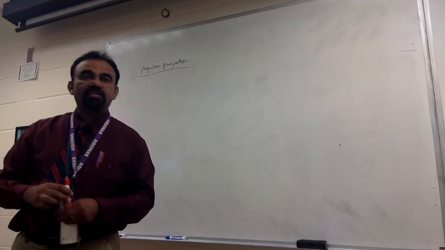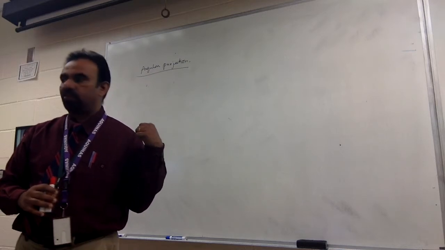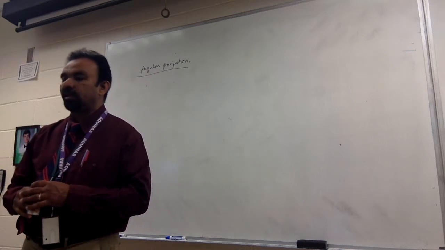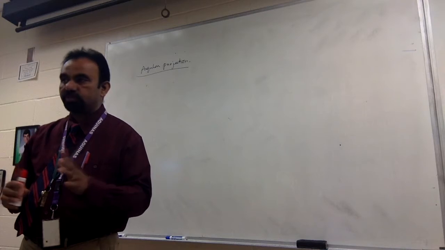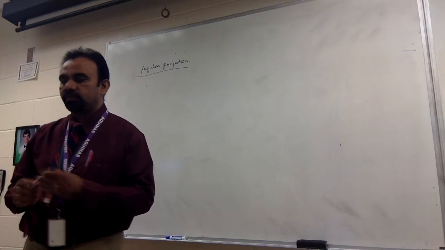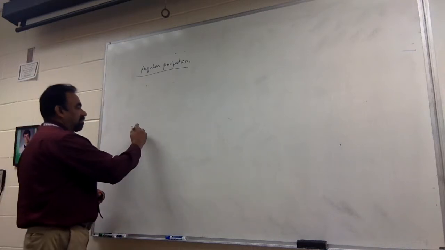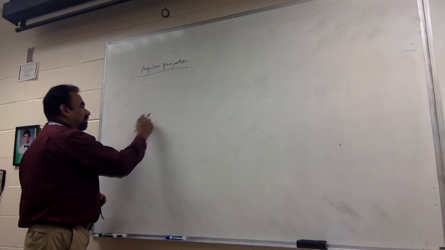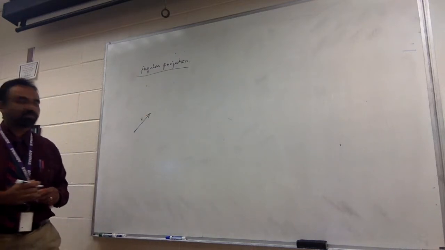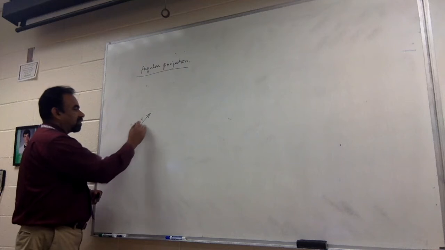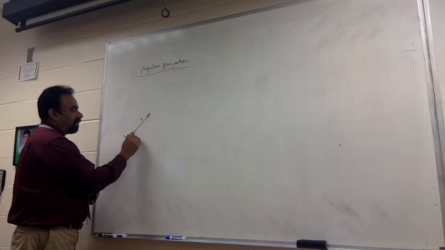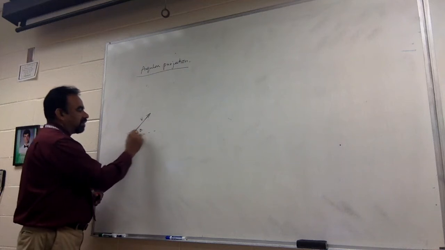I'm going to solve the entire problem of angular projection algebraically, no numbers. Okay? So, let's say for example, you throw something at a velocity of v at an angle of theta degrees.